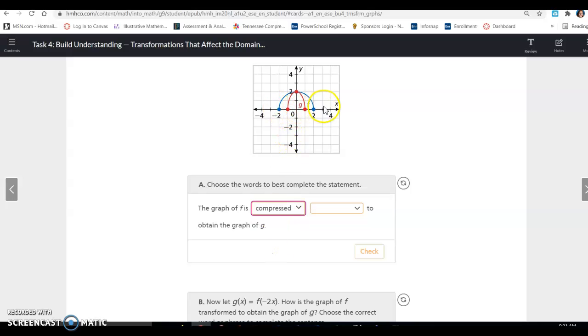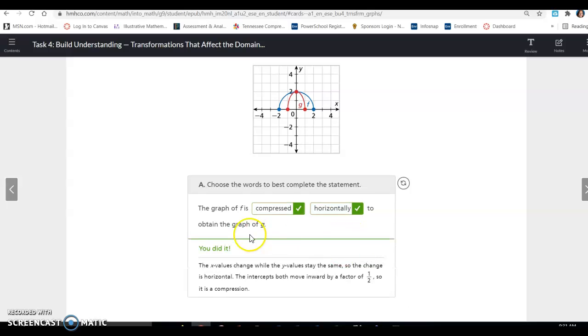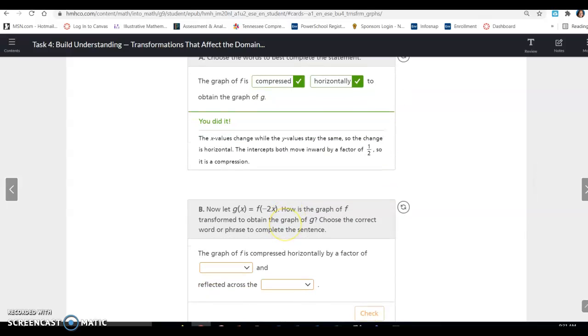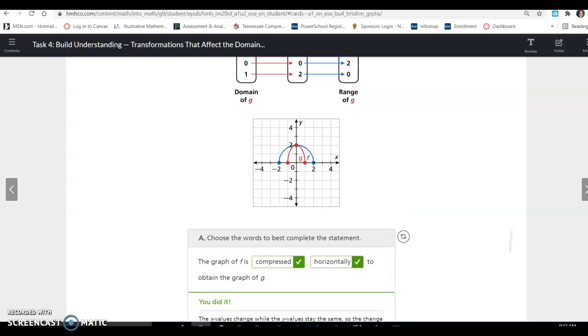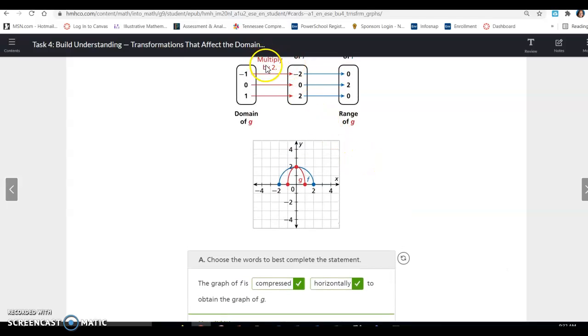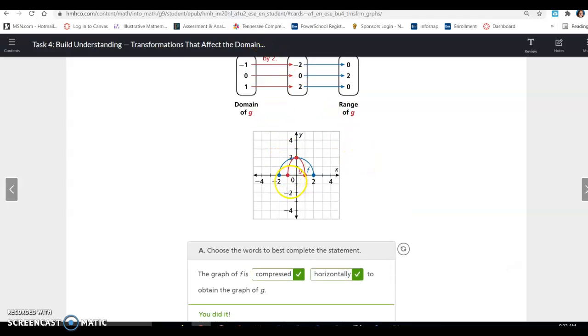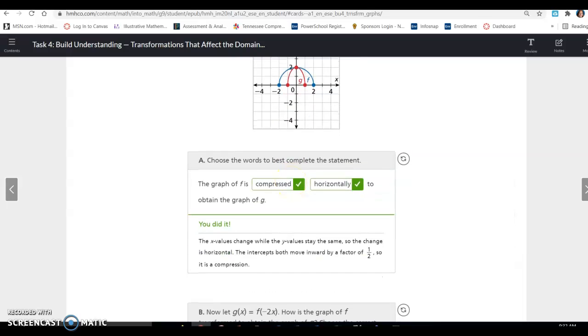See how it's squeezed in towards the y-axis? Compressed horizontally, because we're looking at the x's, the domain now, to obtain the graph of g. The x values change while the y values stay the same, so the change is horizontal. The intercepts both move inward by a factor of 1/2, so it is compressed. So you can see that even though it's multiplied by 2, it is moved in by a factor of 1/2.